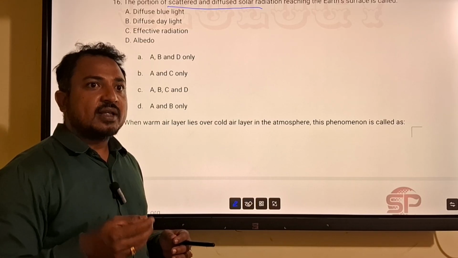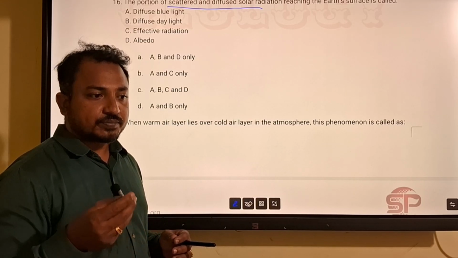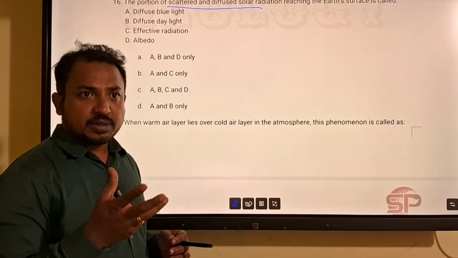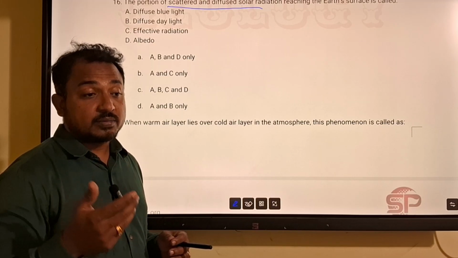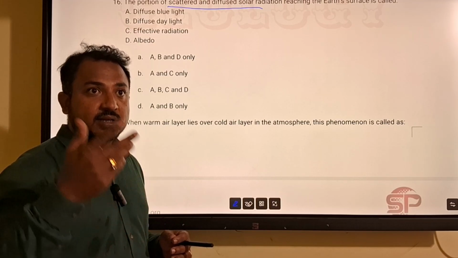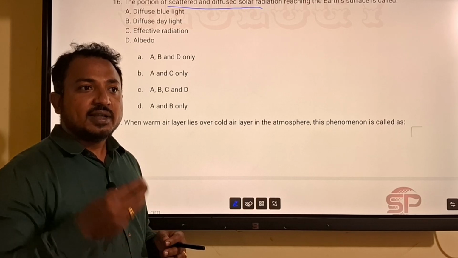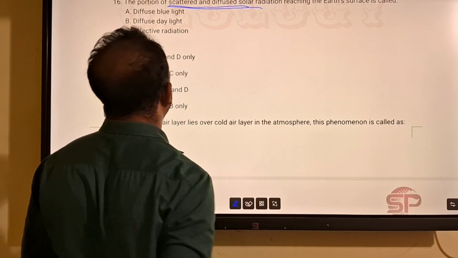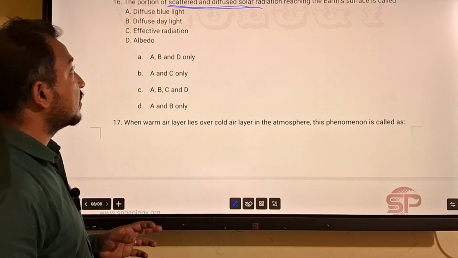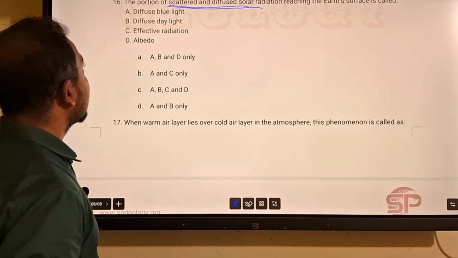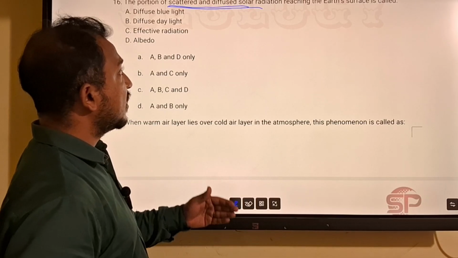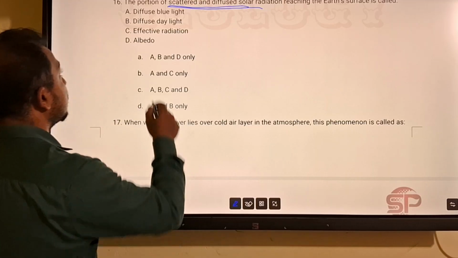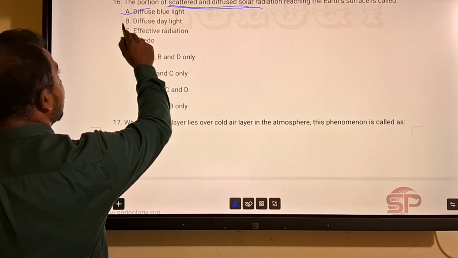While incoming, the rays coming from the sun are scattered by these particles. So that is scattering, and there are different types of scattering. So the portion of scattered and diffuse solar radiation reaching the earth surface we call diffuse blue light, diffuse daylight.